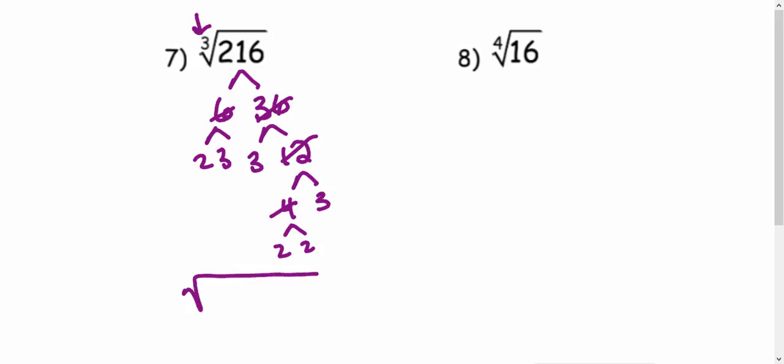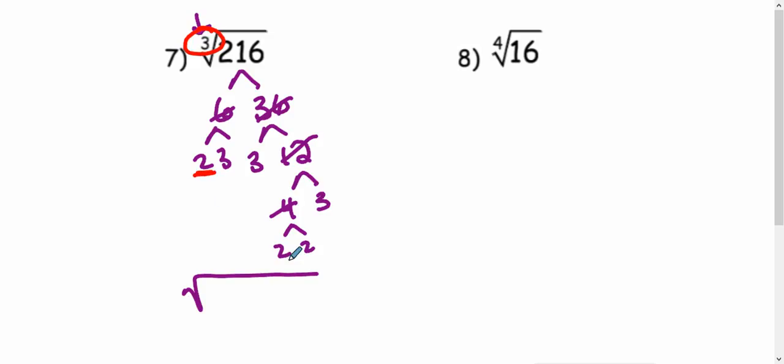What is the exponent that I'm trying to create inside my radical? Remember that our index was 3? So we're trying to create an exponent of 3. So if I'm starting with the 2's, how many 2's do I need in order to create 2 to the third power? I need 3.